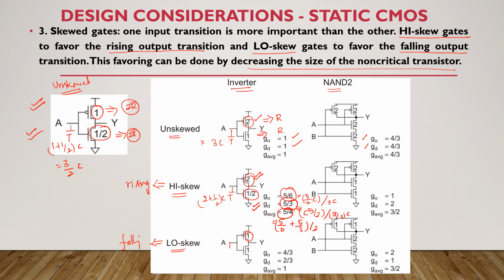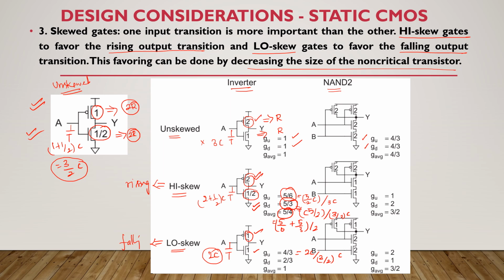So the input capacitance here is 2C, because it is contributing 1 capacitance and this is contributing 1 capacitance, totally 2C at the input side of A. Similarly, for the unskewed inverter, the input capacitance is 3 by 2 C. So the logical effort for this is 2C divided by 3 by 2 into C. So you will be getting 4 by 3, right?